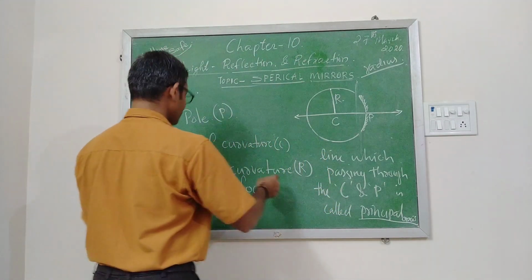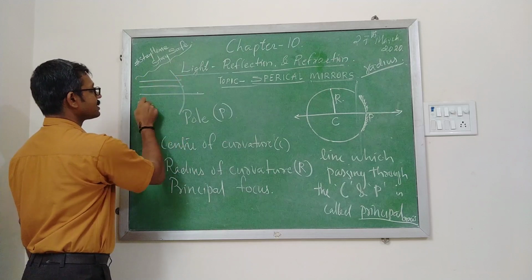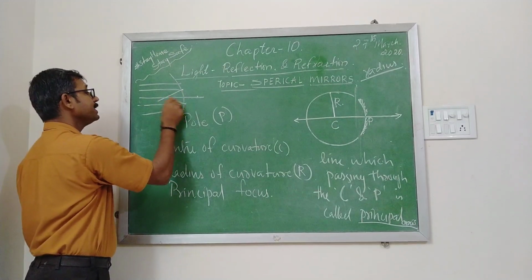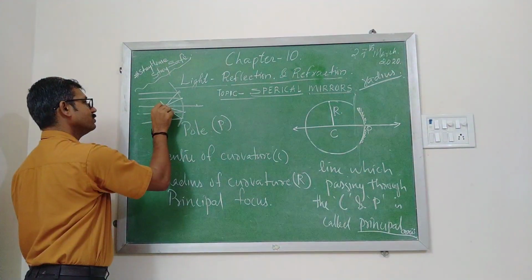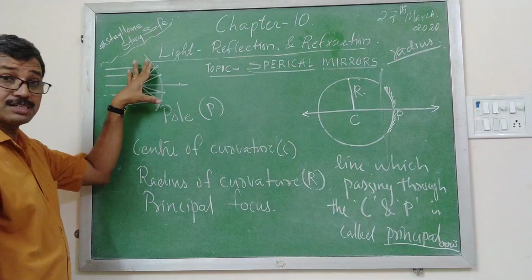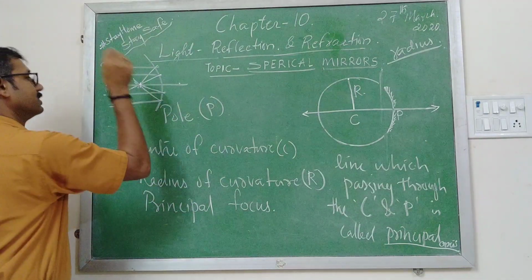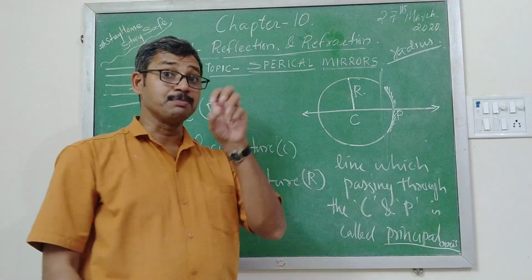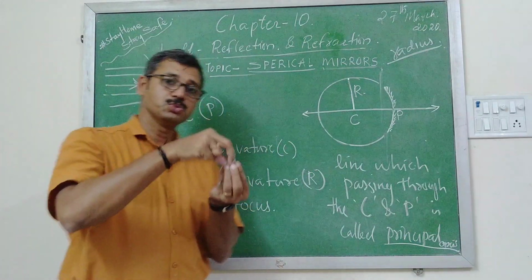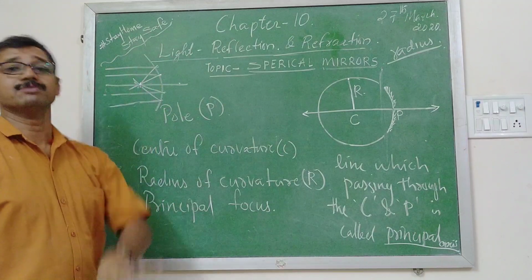If the rays parallel to the principal axis, after reflection, meet at one point on the principal axis, this process is called convergence. So the meaning of convergence is to come to a common point after reflection.